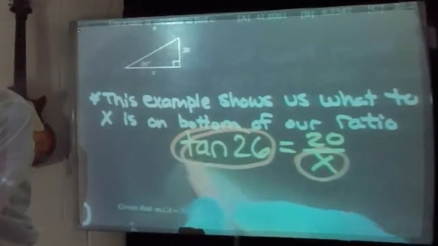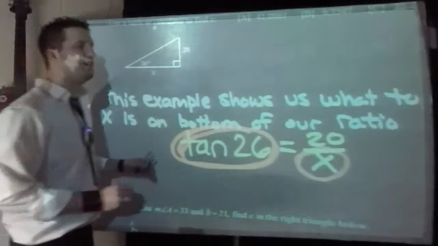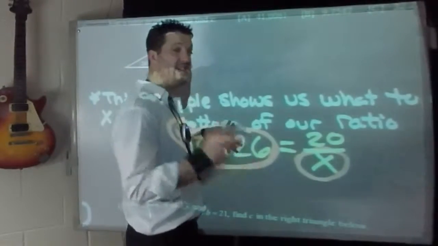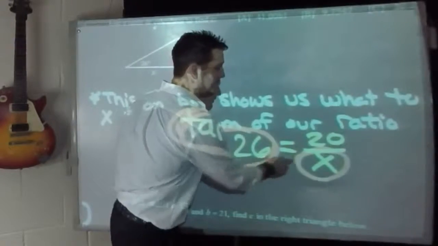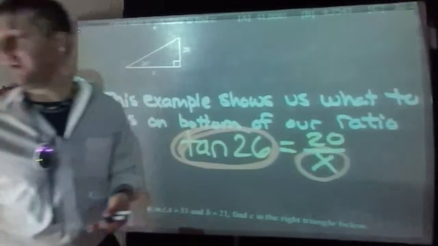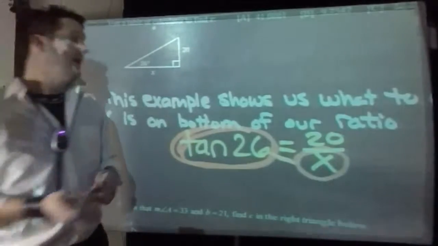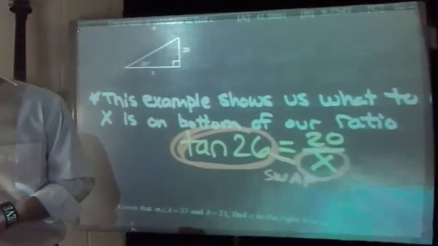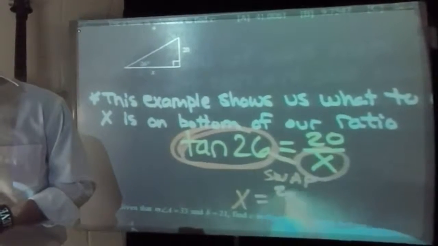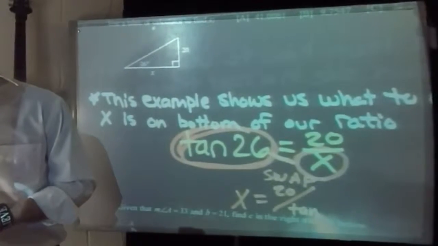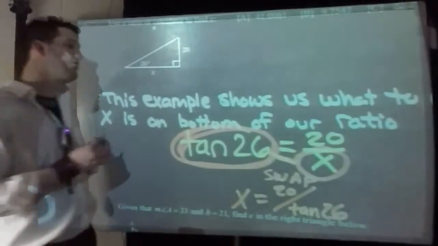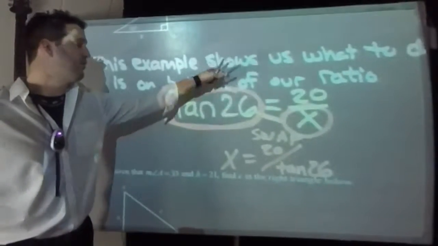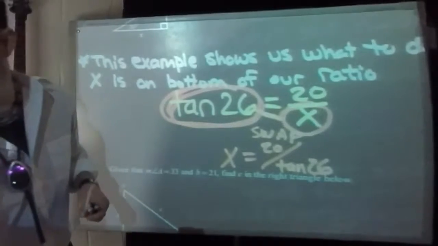Now, just like a few weeks ago we talked about cross multiplying, this trick I just call swapping. Connect those two with a line. And we swap. It's the swap trick. So now you got X equals 20 over tangent 26. And I will go straight to the calculator, hit N over D, and put 20 over tan 26.